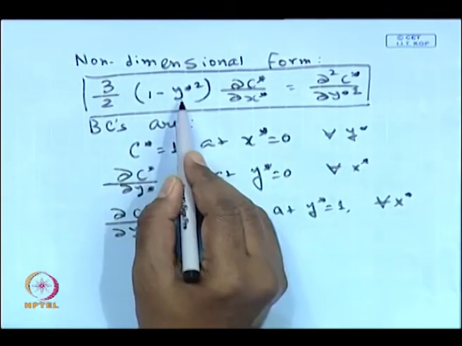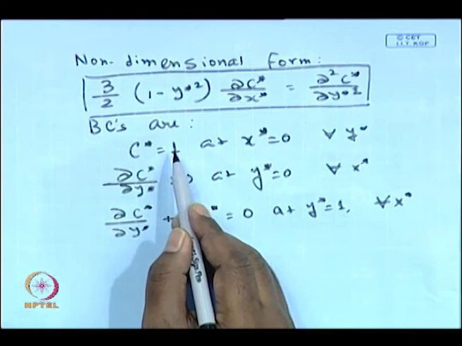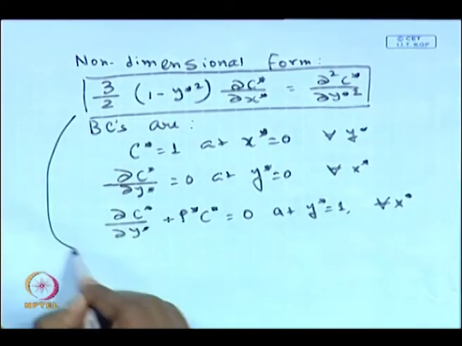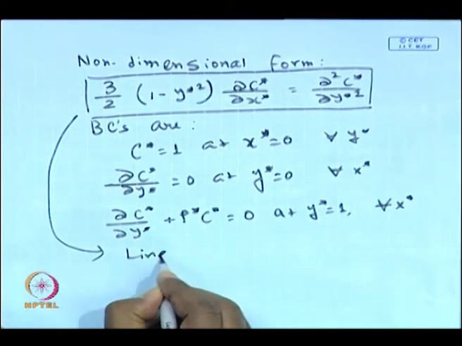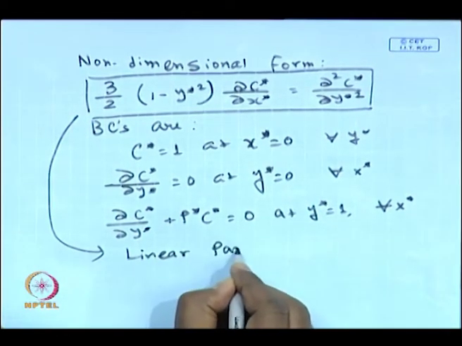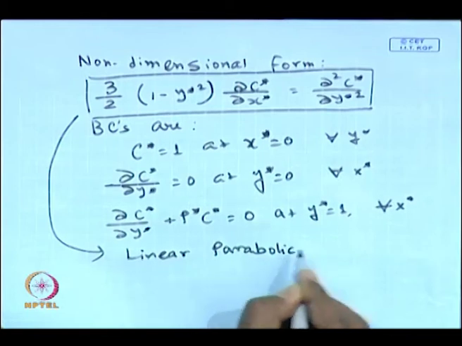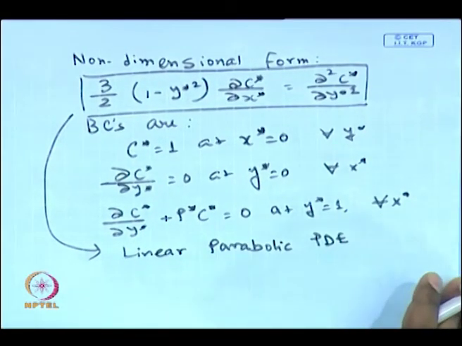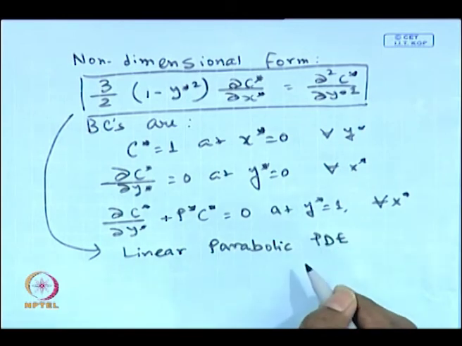But since y star is the independent variable and it is multiplied, this equation is a linear parabolic partial differential equation. Those who have done my mathematics course in the earlier semester, I think that is pretty apparent and obvious to them.